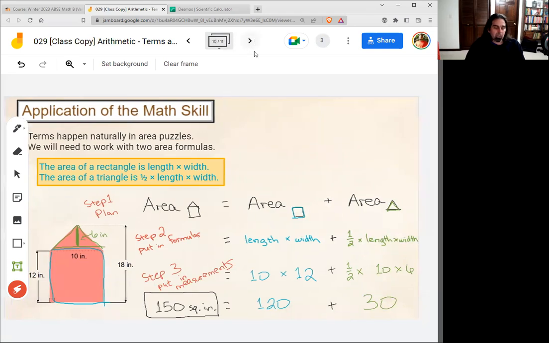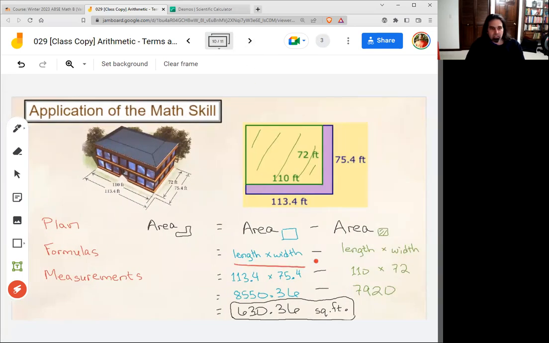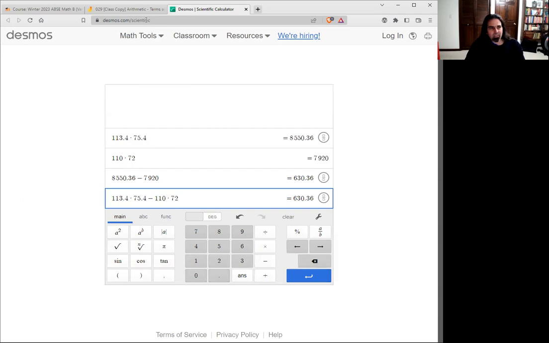This mental habit of breaking things up into pieces and dealing with them separately will work, even if something in here isn't a number that's nice like 110, but maybe in an algebra class, that's an X or a Y. And now the calculator doesn't help me because it does numbers, not X's and Y's. So it's good to think this way, even if you could just do it all right now with a calculator.